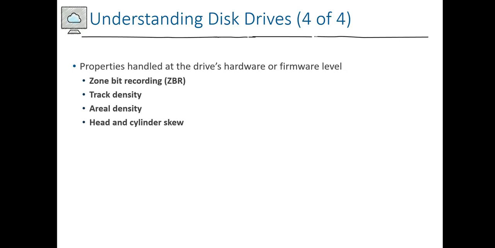Density is how much data I can put in the track, for example 1 byte, 1 giga, 1 mega, 100 mega. So this is the amount of data the disk can hold. Area density also means how much data we can put in the disk itself.